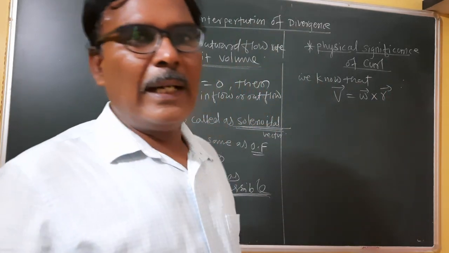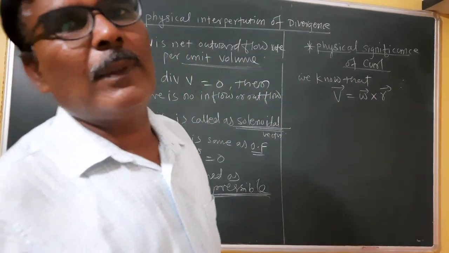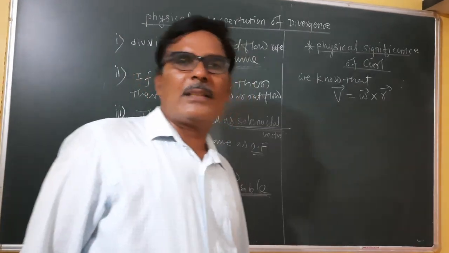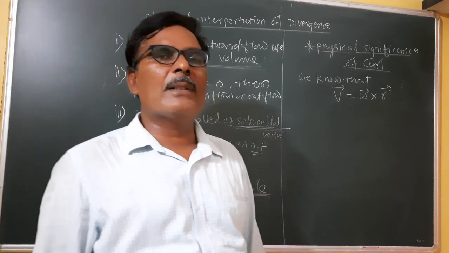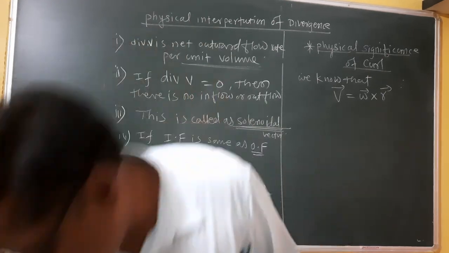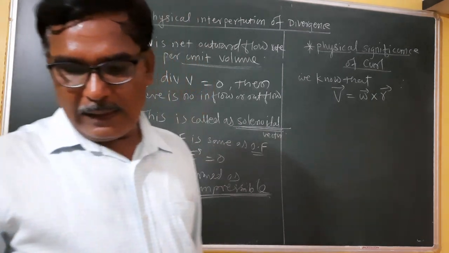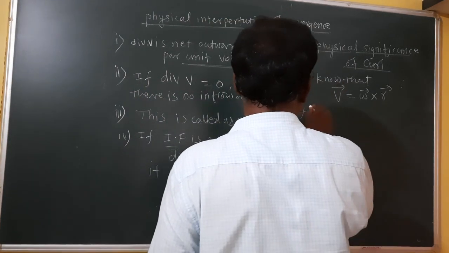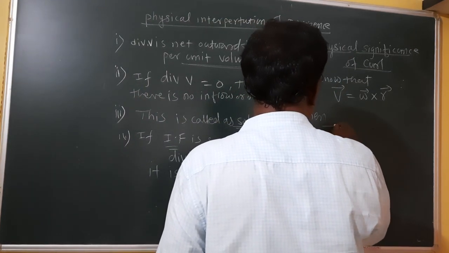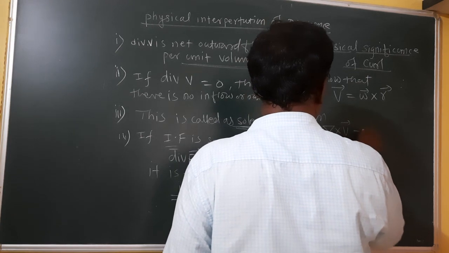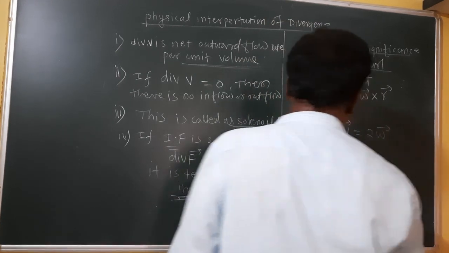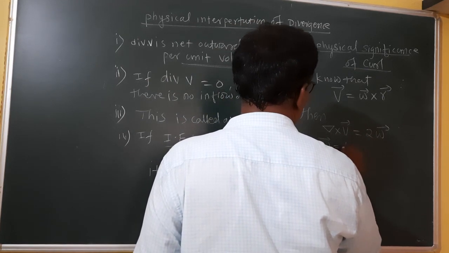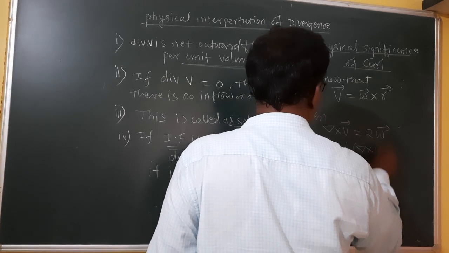Omega bar is nothing but i cap omega x plus j cap omega y plus k cap omega z, and R bar is i cap Rx plus j cap Ry plus k cap Rz. We consider these two vectors and take the cross product, and we get curl of V bar equals twice omega bar. Therefore, vector omega is equal to half of curl V bar.